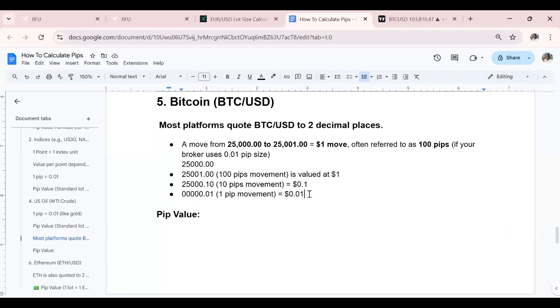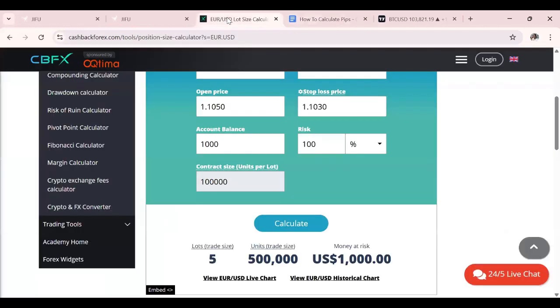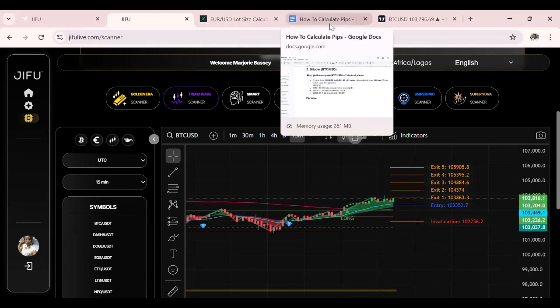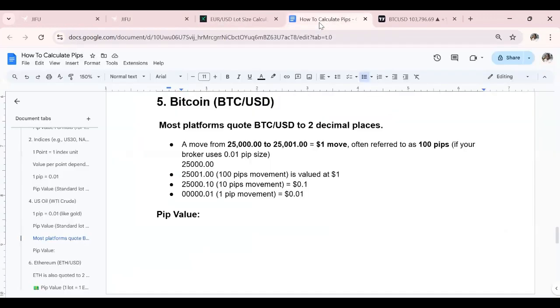For me, I don't like anything complicated. I like keeping things very simple. When you want to enter a trade, and you take this trade on your MT5, it shows you very simply how much you're going to make and how much you're going to lose.